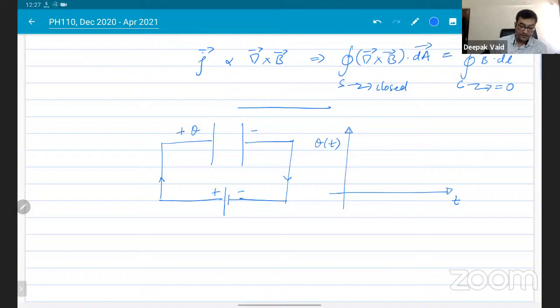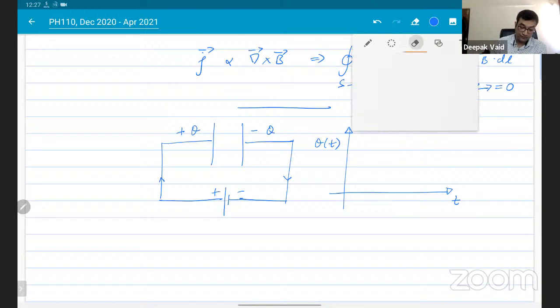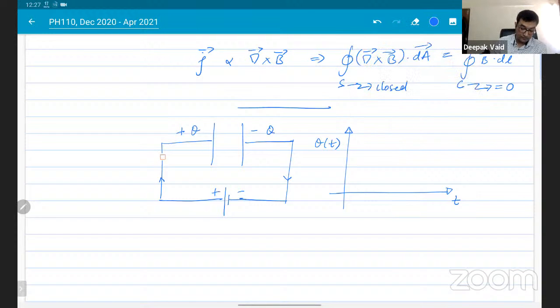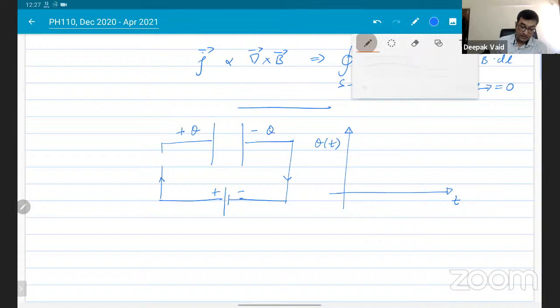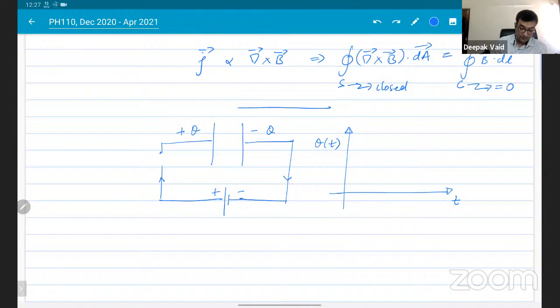So this will have some charge plus Q and this will have some charge minus Q. And I can put a switch over here. This is a switch.